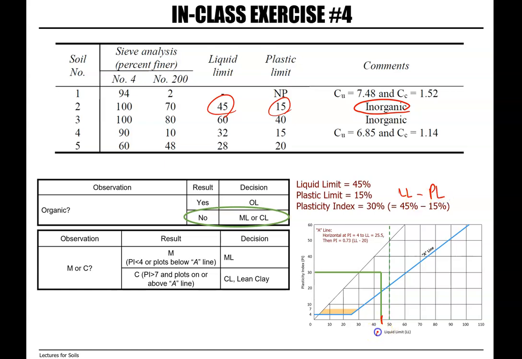So we have 45% our liquid limit and 30% our PI. Our point is above the A line, so this one is satisfied. PI is 30%, which is more than 7. So both statements are satisfied, which means that we have lean clay or clay with low plasticity.